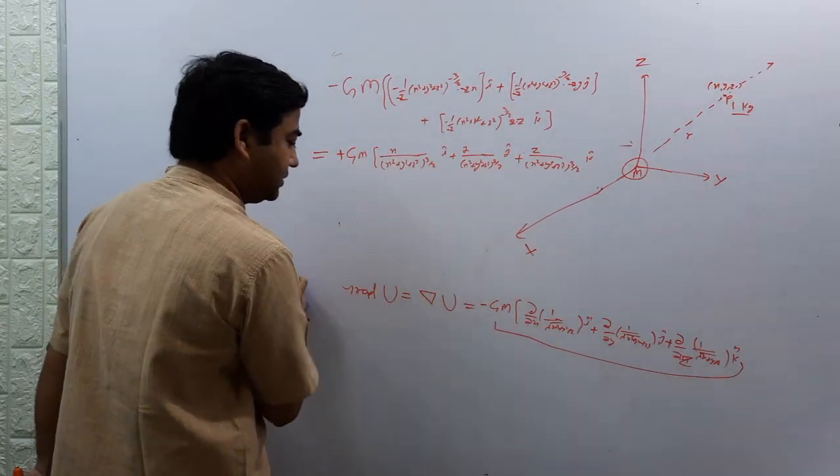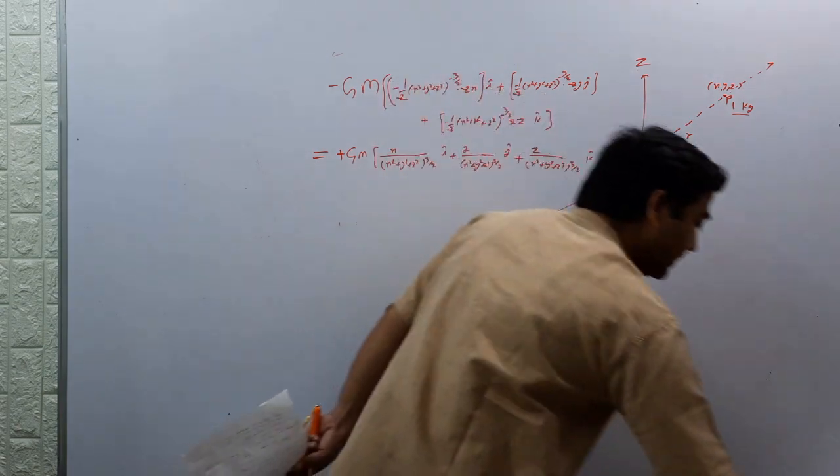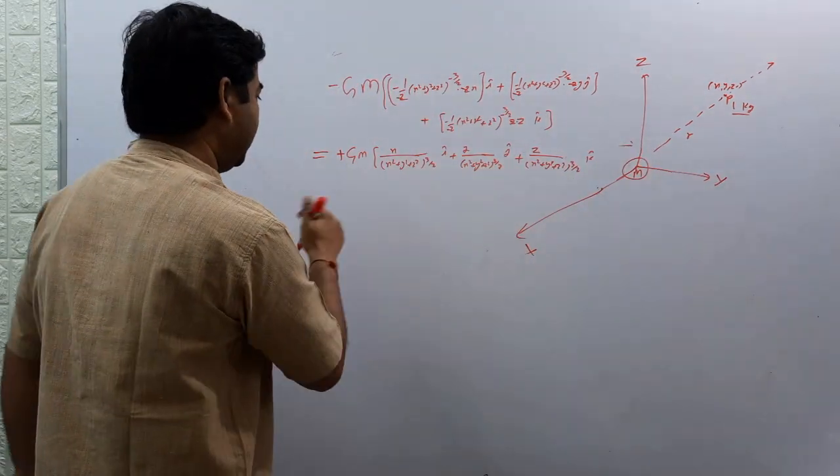This is grad U, the gradient of potential energy.